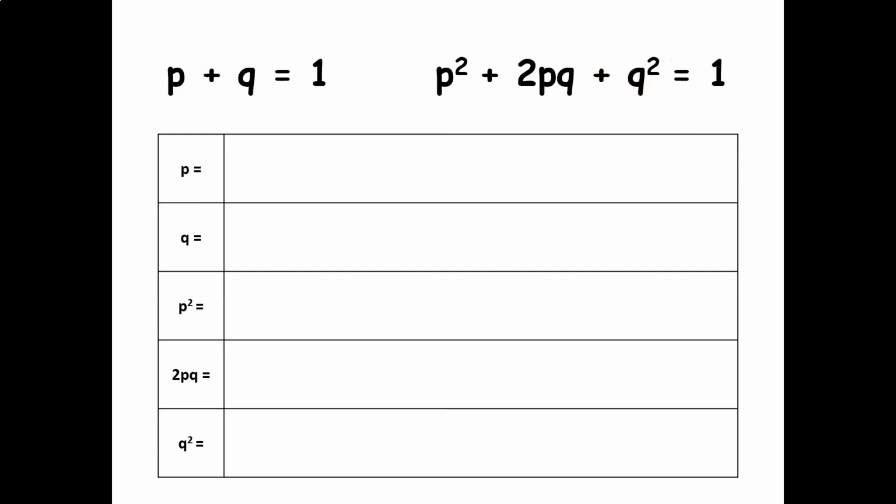We need to understand, when we're looking at the genetic situation here, what those variables actually represent. When we talk about your p, this is the frequency of your dominant allele.